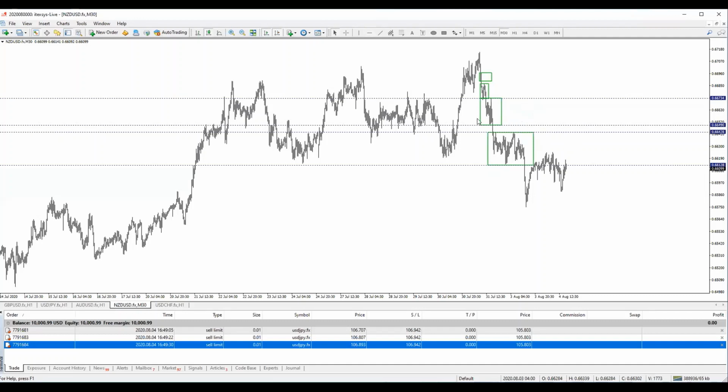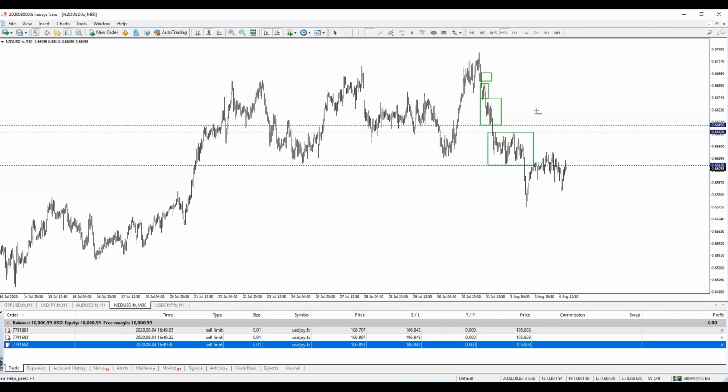So we have two levels for this flag here. This origin of the pole is also the breakout level for this one. So we can assume that if it's the same level, this level has already been consumed. So we don't want to trade this one.